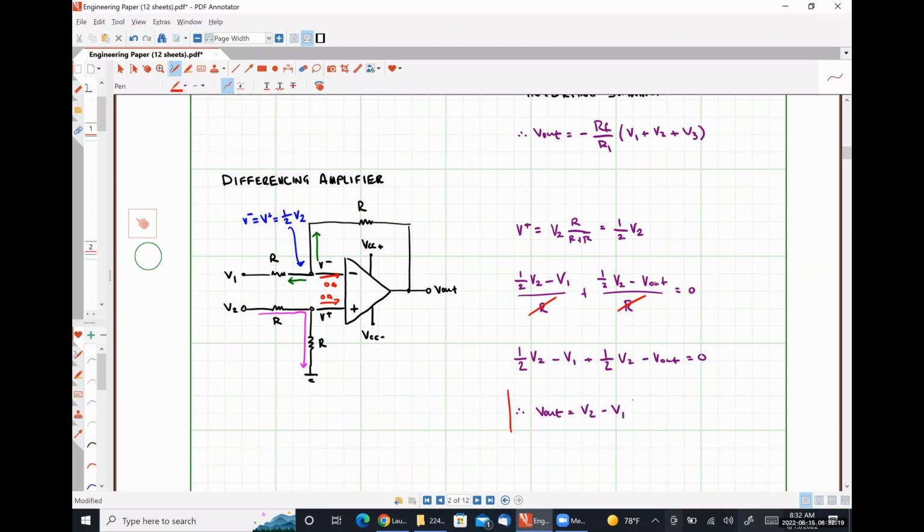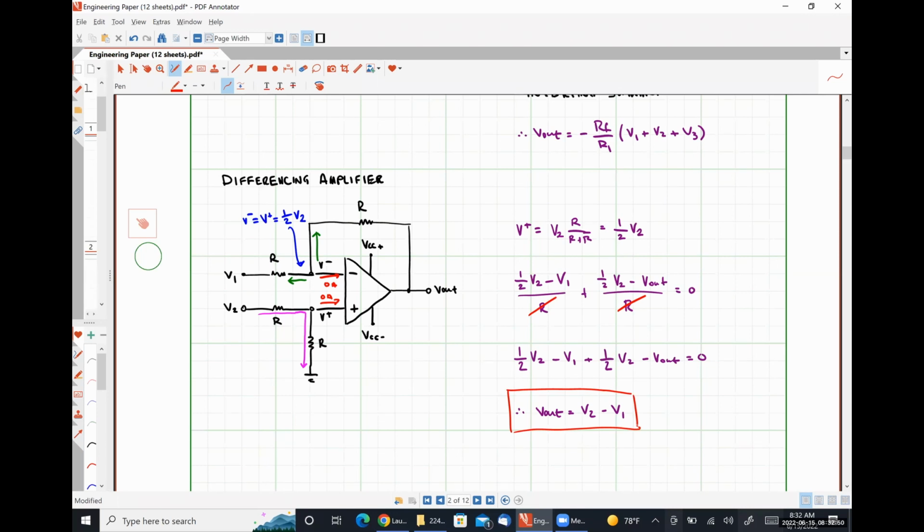So this particular configuration gives us the difference in the signals that are applied at the input terminals of the op amp. If our resistors were not all of the same value, we would wind up scaling our input signals V1 and V2. However, they would be scaled by different amounts.